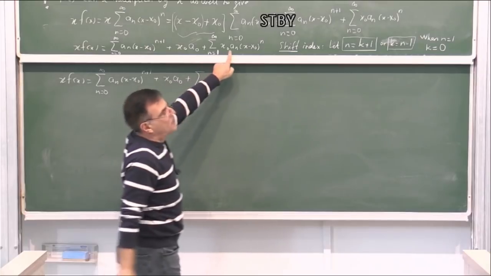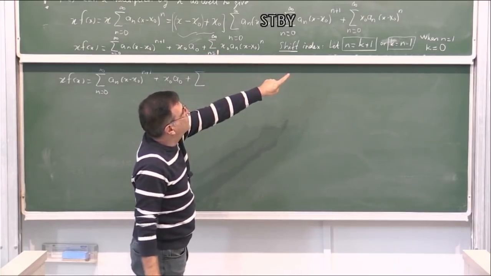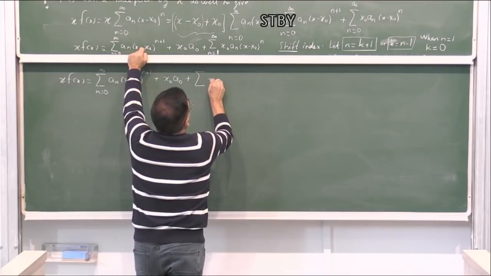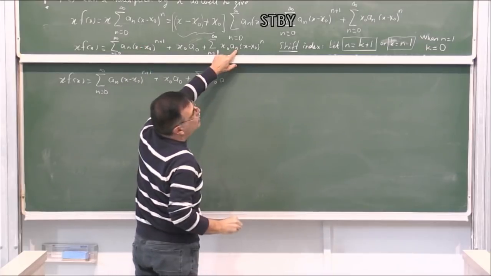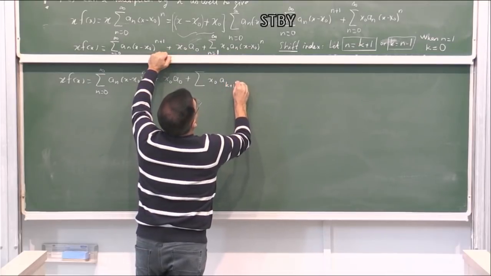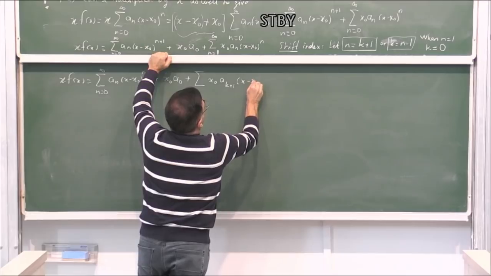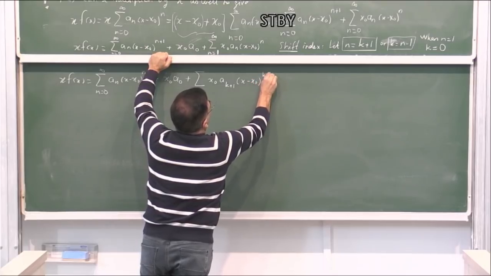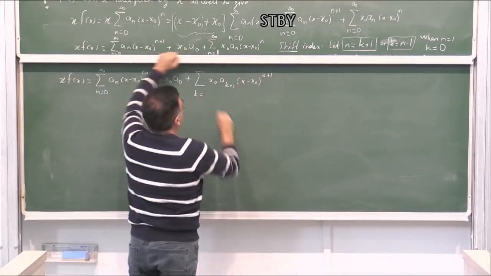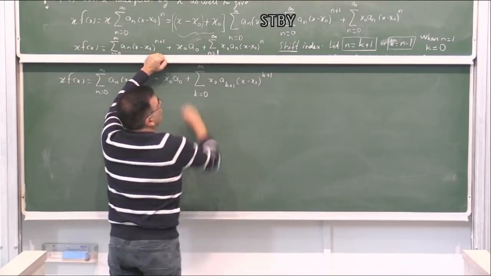Now with the shifted index, we have x0 a, in place of n I write k plus 1. So x minus x0 to k plus 1. But k starts from 0 up to infinity.